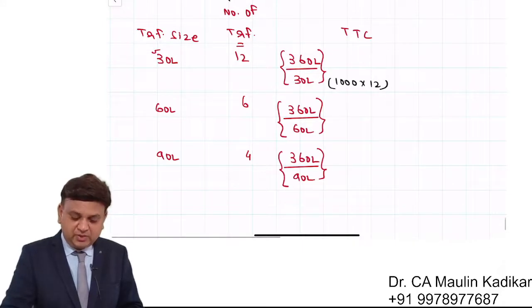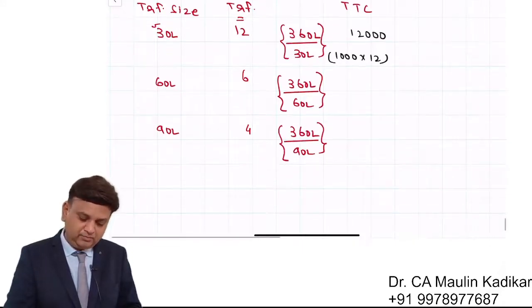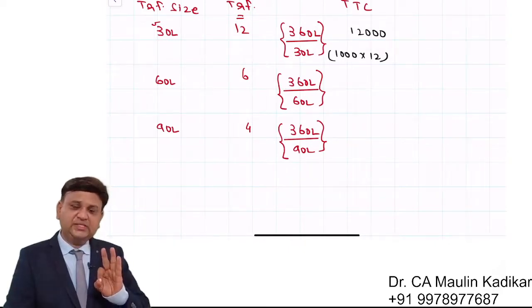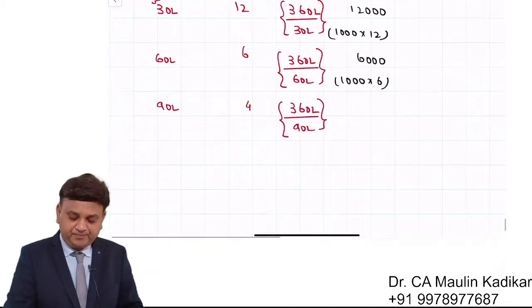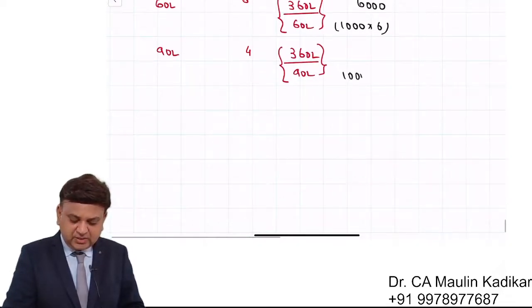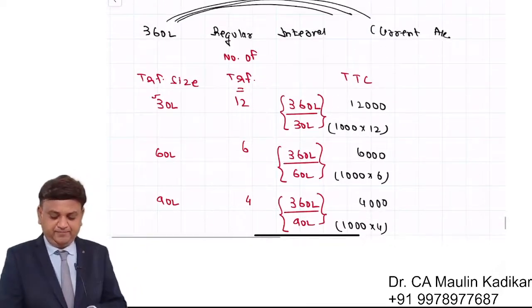Then total transfer cost annually will be 12,000. Suppose the transfer size is 60 lakhs, then there will be 6 transfers, and 1000 into 6, the total transfer cost will be 6000. Over here it is 1000 into 4, total transfer cost would be 4000. That is what we understand.